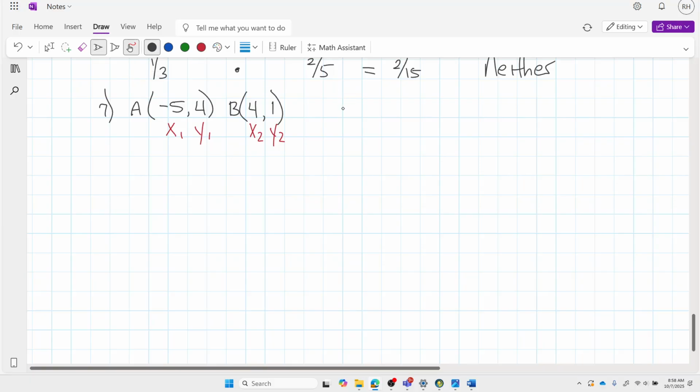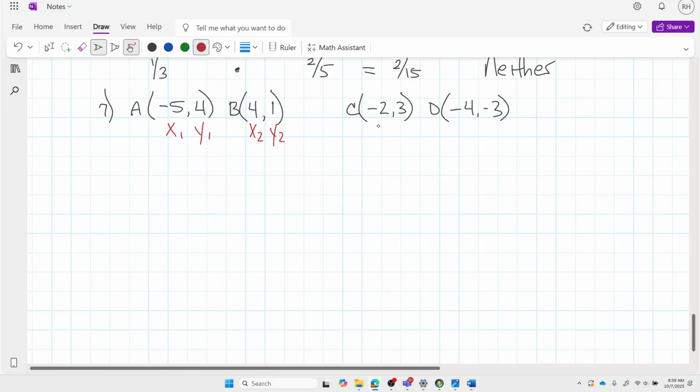And then you have line CD, so coordinates of point C are going to be at -2 and 3. And point D is going to be located at -4, -3.